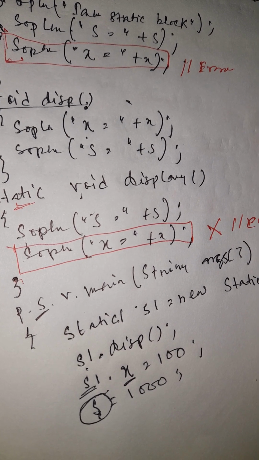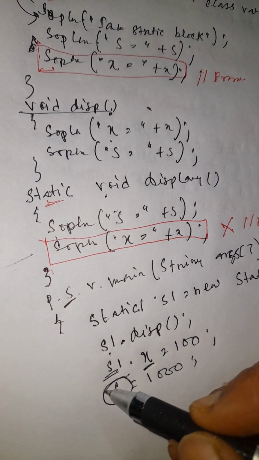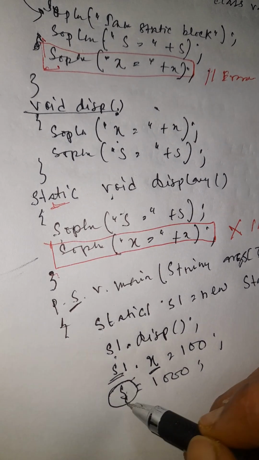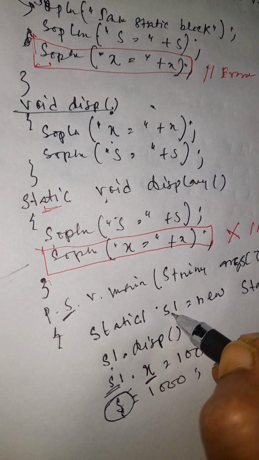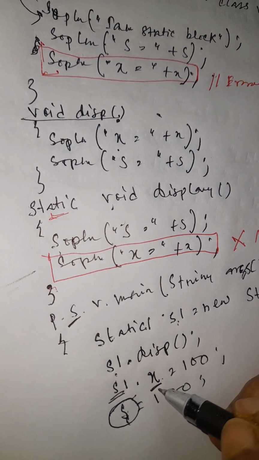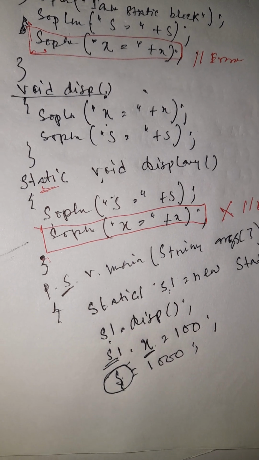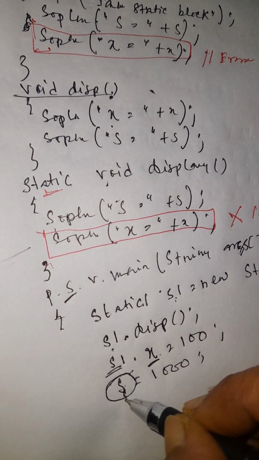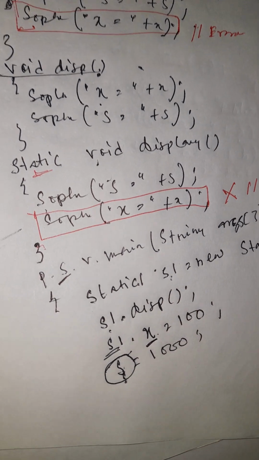It occupied the common space. So s is a class member. So no need to put the instance, because this one is not the instance variable. So here if you declare one more object s2, so s2 dot x, because x is also a variable for the s2 object, but the s, which one is a static variable, that one is the class variable. It is not for the instance.